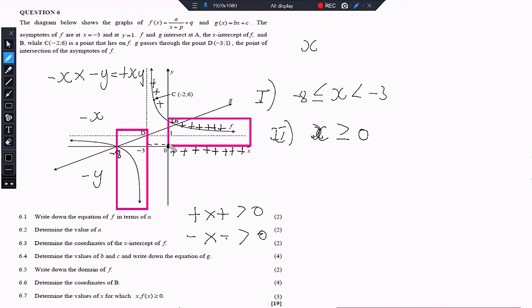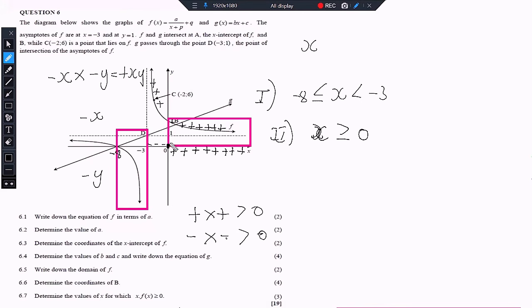So even if we have 0 as a point, that can also be included. So it must be greater or equal to 0. It can be greater than 0 or at the point 0. So which is why we are saying where x is greater or equal to 0, right?